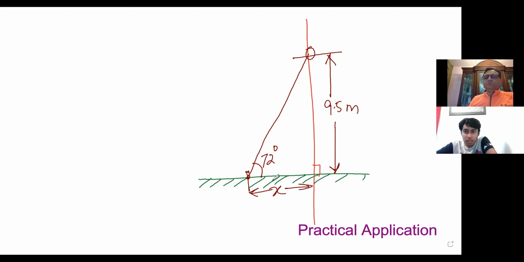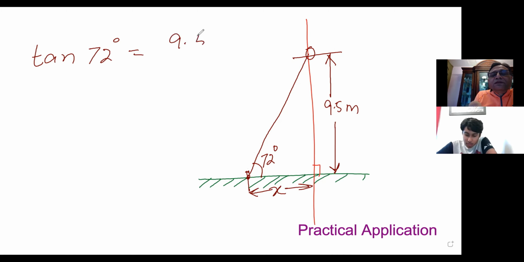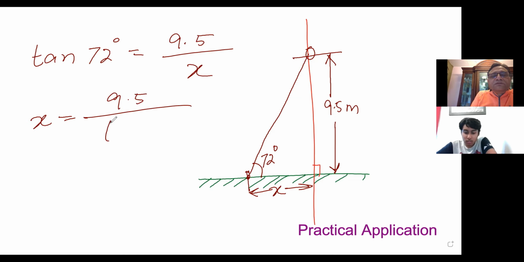So this could be a tangent question, right, sir? Correct. So tangent of 72 equals 9.5 over x, with 9.5 in the numerator and x in the denominator, since the tangent ratio is opposite over adjacent. Now you cross multiply, so x equals 9.5 over tan of 72 degrees.